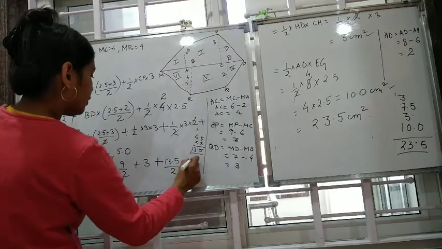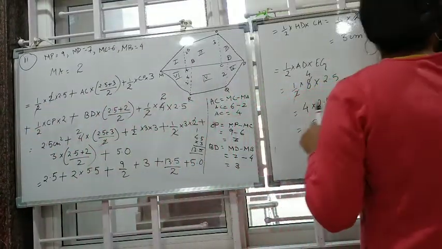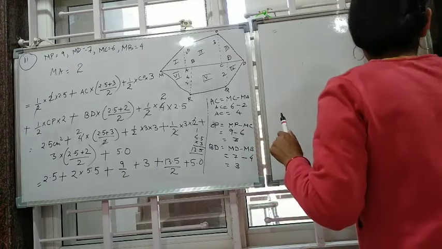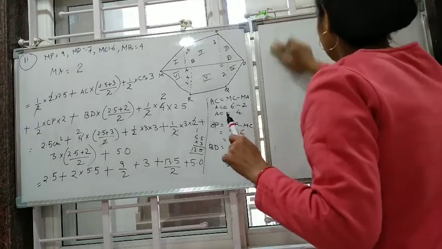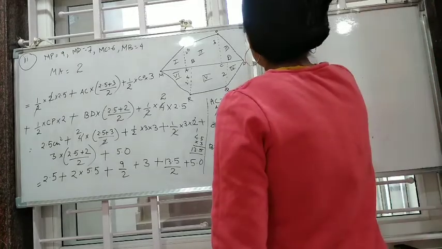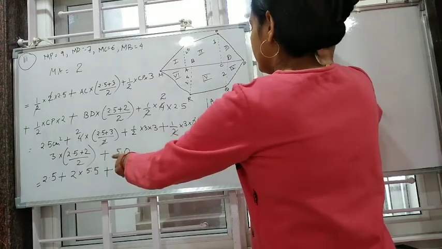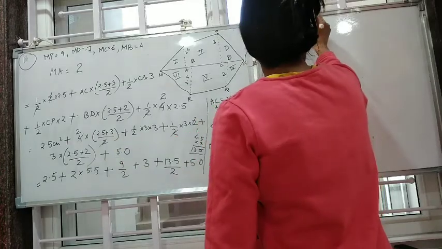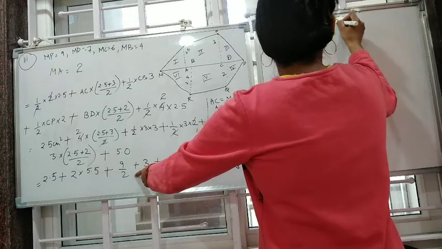And this is 5.0, which we have already solved. Plus 2 5s are 10, 11.0, plus this becomes 4.5, half of 9.